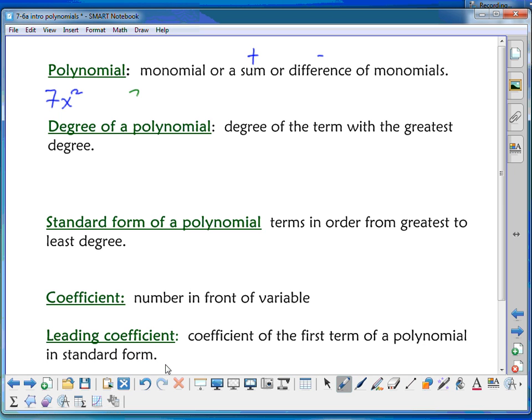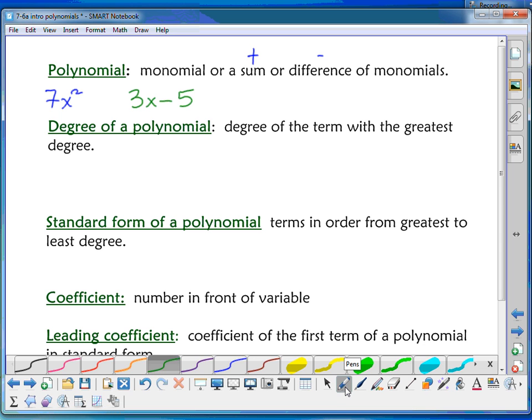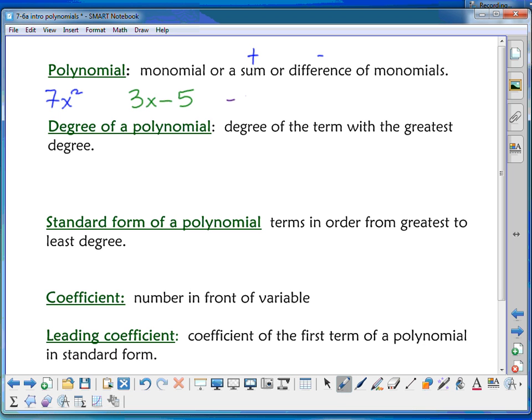Or you might have 3x minus 5. That's the difference of 2 monomials, so it's considered a polynomial. Or it might have a bunch of terms. It might be negative 3x plus 6x to the 5th minus 7x squared plus 5. That whole thing is a polynomial.